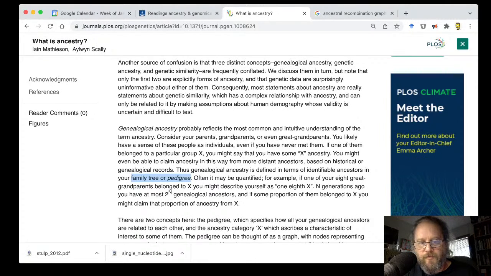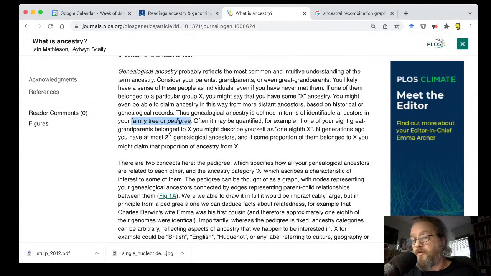And from the genetic perspective, and somewhere in here, of course, what that's going to mean is that we're talking about only individuals who we are biologically related to.